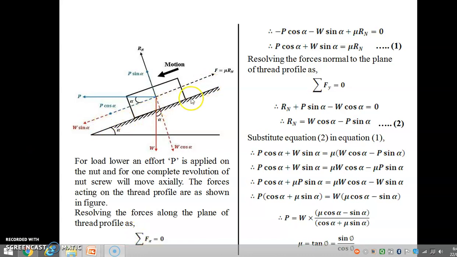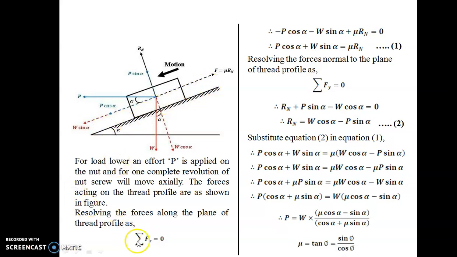Let us consider the x direction, rightward direction positive and leftward direction negative. So minus P cos alpha minus W sin alpha plus F, that is mu Rn, is equal to 0. So P cos alpha plus W sin alpha is equal to mu Rn. This is equation number 1.